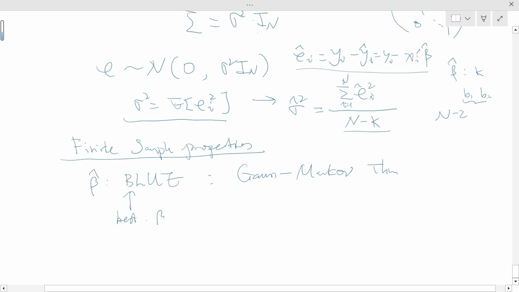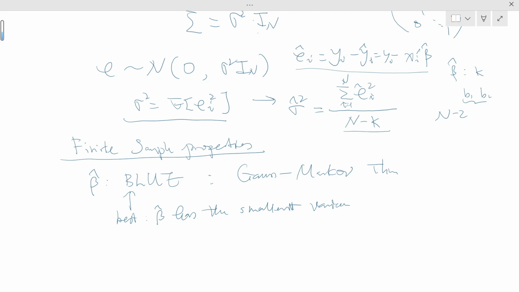Bear in mind that beta hat is now a k by 1 vector. It's a random vector, a function of data, and it has the smallest variance among the class of unbiased linear estimators. That's what it means to be best.